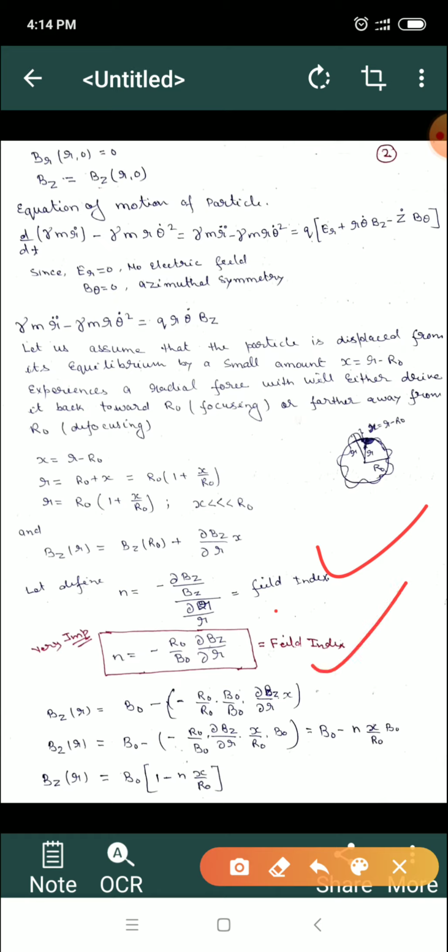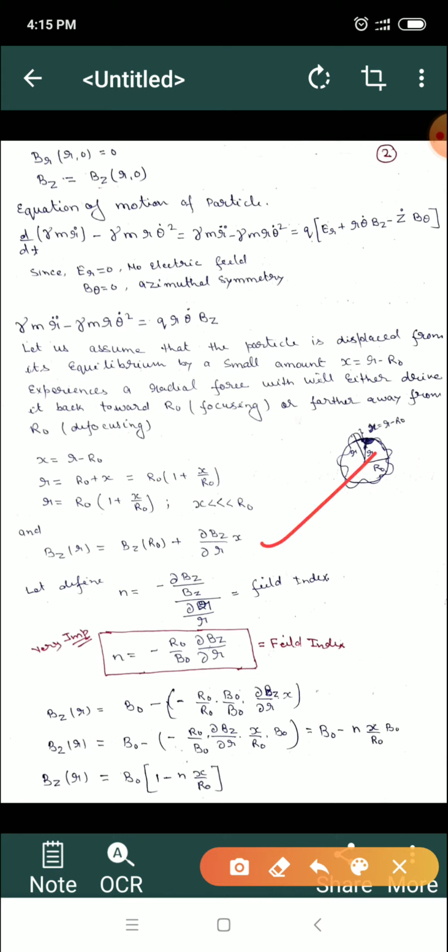Now we can write this magnetic field: Bz(r) is equal to B0 minus, we substitute the value of the magnetic field, I have divided and multiplied by r0 and B0, minus r0 upon B0 del Bz upon del r into x. I have rewritten the above equation.